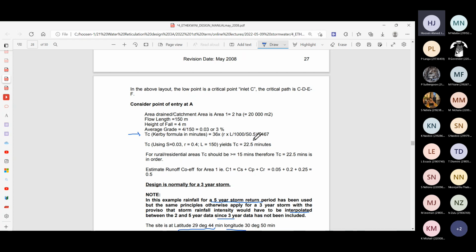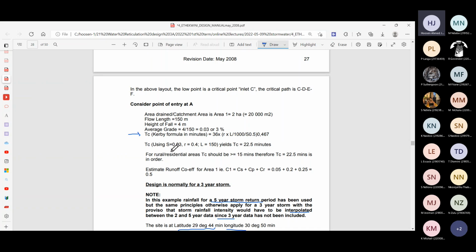The S is the slope, the L is the length, which is given to you, and the R is a coefficient depending on the slope and various other factors that you would need to determine for this Kirby formula. So we'll go back and look at how the R is determined, what value of R was used here. And then we just substitute those values in, and we'll get the concentration time.